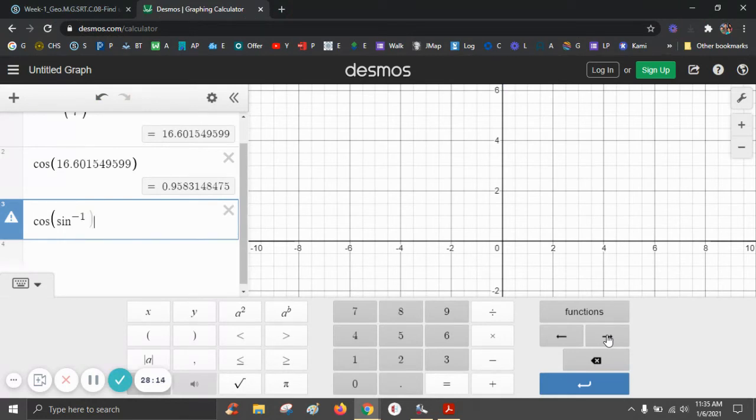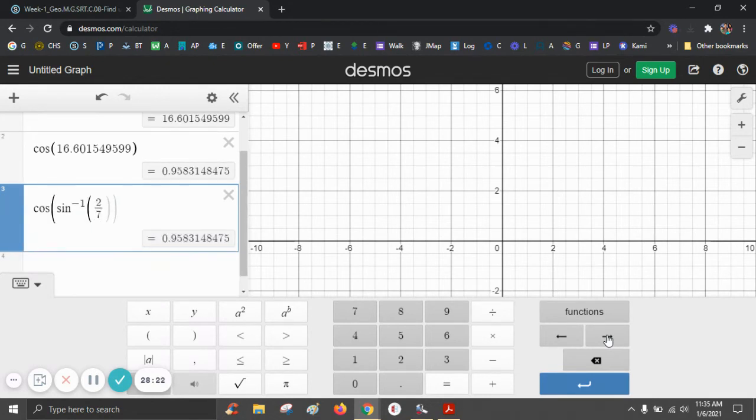So let me open parenthesis. It is 2 over 7. Then close this one. Actually, I opened 2 parentheses, therefore I have to close twice. And do you see the same here?